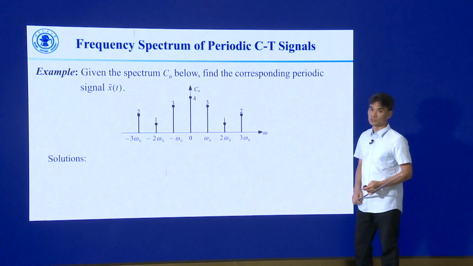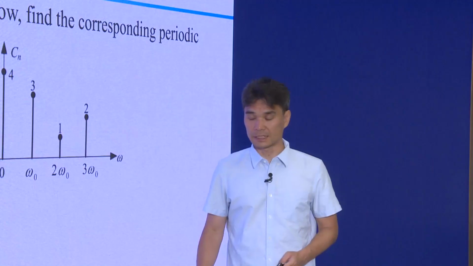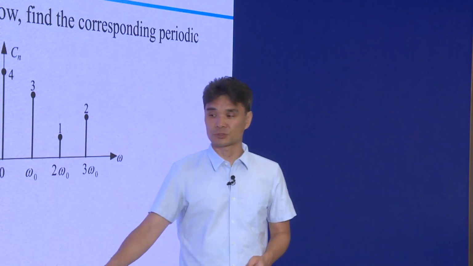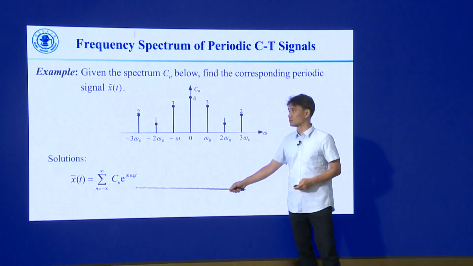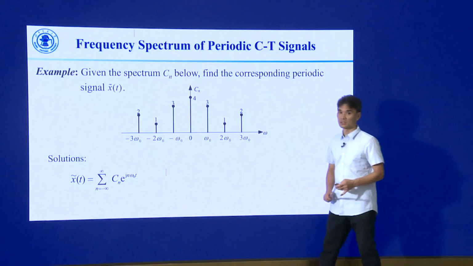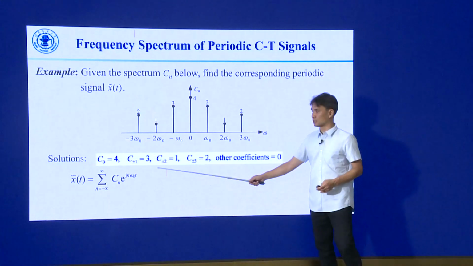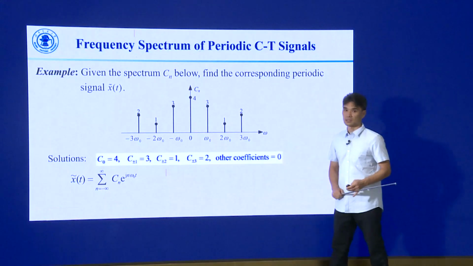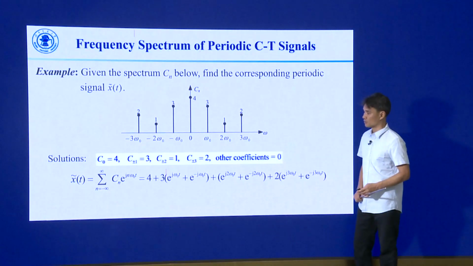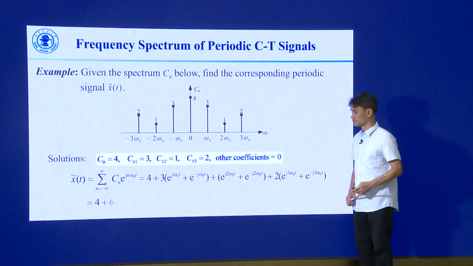We can use the definition, the inverse continuous time Fourier transform. We just plug this into the inverse continuous time Fourier series, and we're going to get the expression in the time domain like this.